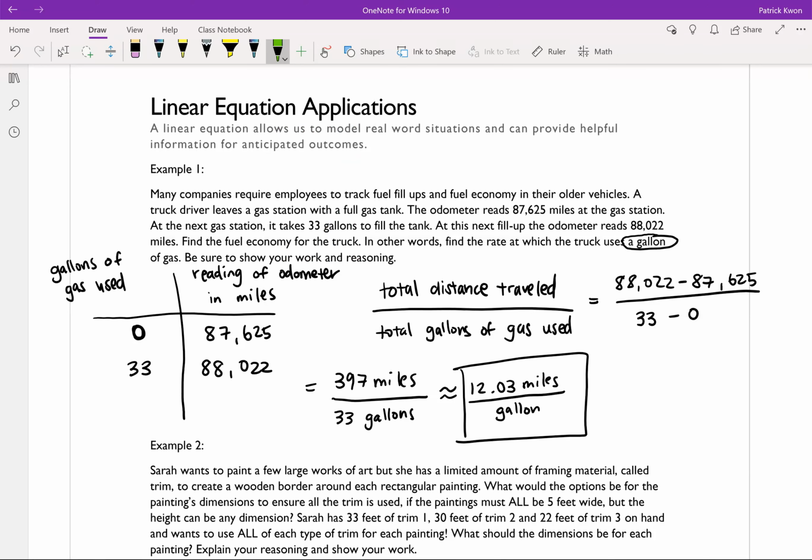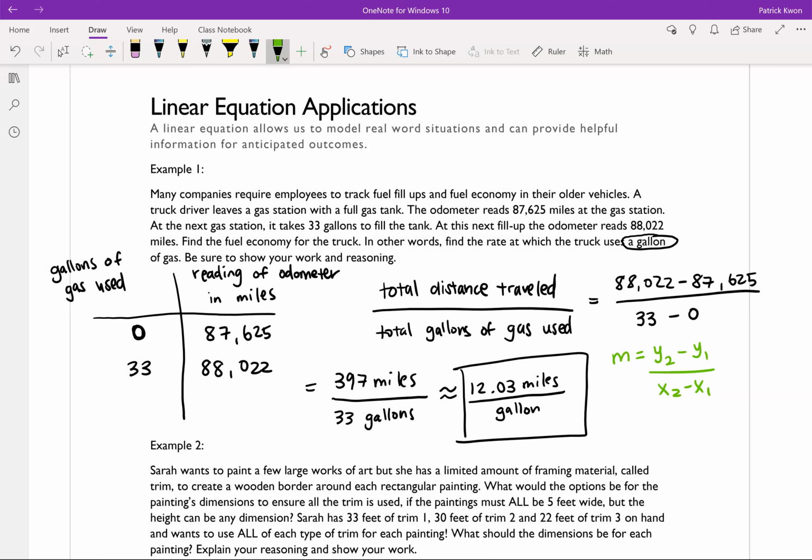One thing that I want to mention, and you'll often see this in algebra textbooks, is that we just calculated slope. Recall from the last outline that we often represent slope with the variable m, and you will often see this formula in different textbooks. It's m equals y2 minus y1 over x2 minus x1.